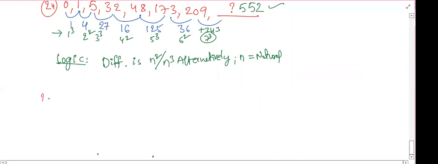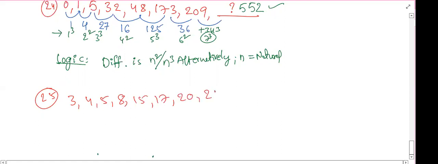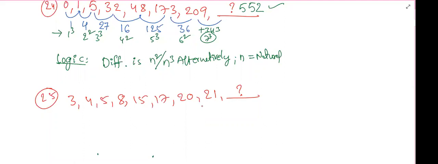Question number 25. This is the question. You can never get this logic with the given 9 points.